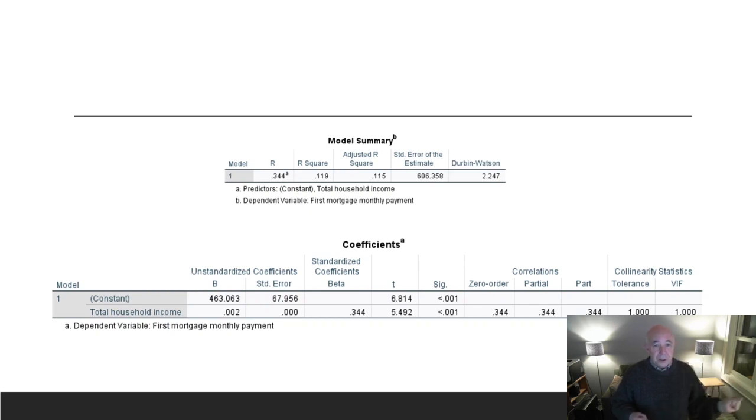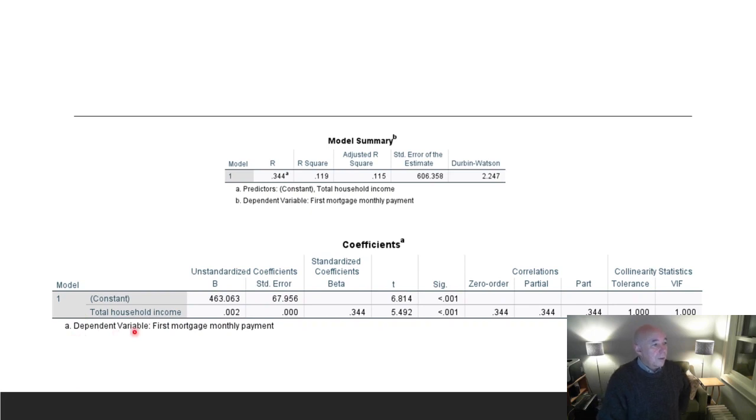This next part, the coefficient, describes the relationship. Remember, when you rejected the null, you said there is a relationship. And now you've explained how big the relationship is. Here's where you explain what the relationship is. And so in this case, as household income increases by $1, the size of the mortgage increases by 0.2 of a cent. So where I get that from is this.